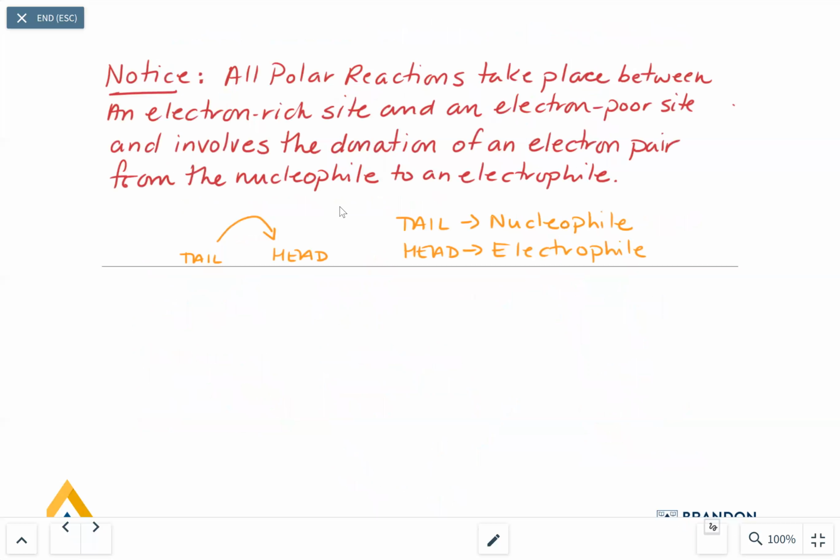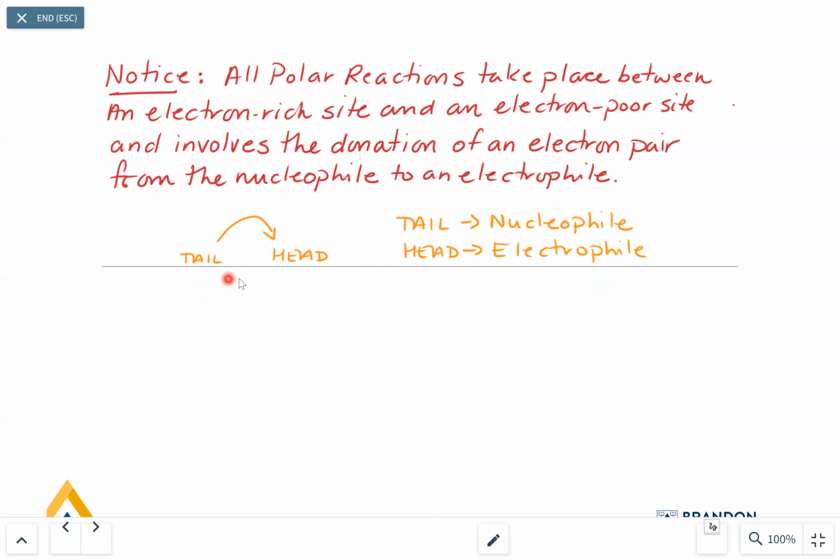So the key point here is that all polar reactions take place between an electron-rich site and an electron-poor site. Sometimes they bear an actual charge. Sometimes it's just a polar bond. And it involves a donation of an electron pair from a nucleophile to the electrophile.